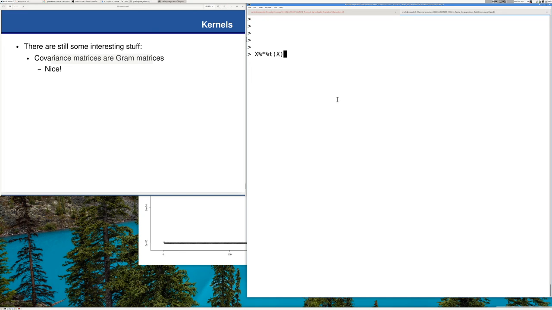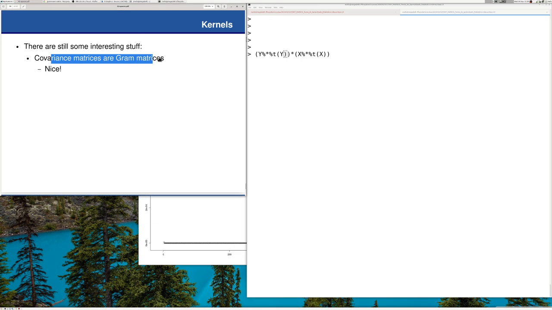If I multiply two Gram matrices, Y by Y transposed, we get another covariance matrix. So the multiplication term by term of two covariance matrices is going to be a covariance matrix, so we are going to have a Gram matrix.